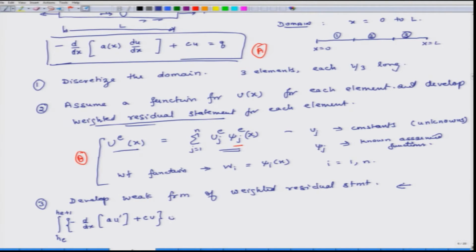And now I am multiplying it by weight function psi_i dx is equal to the integral from x_e to x_e+1 of q psi_i dx. This is the strong form.